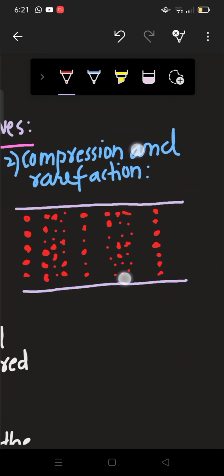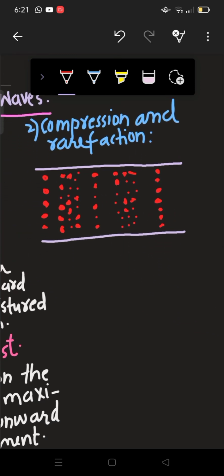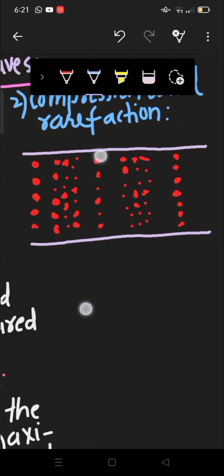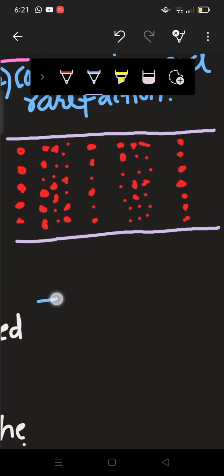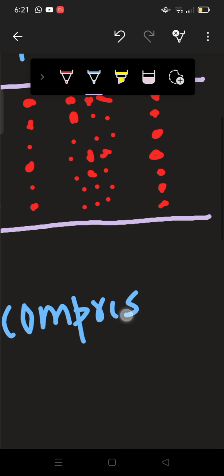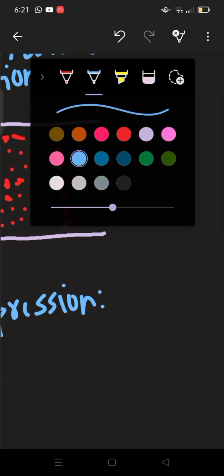Alright, so as I've made the diagram here, initially I'm going to write the definition so that it can be easy for me to explain to you guys. So compression. Now what is compression? Let me write here.